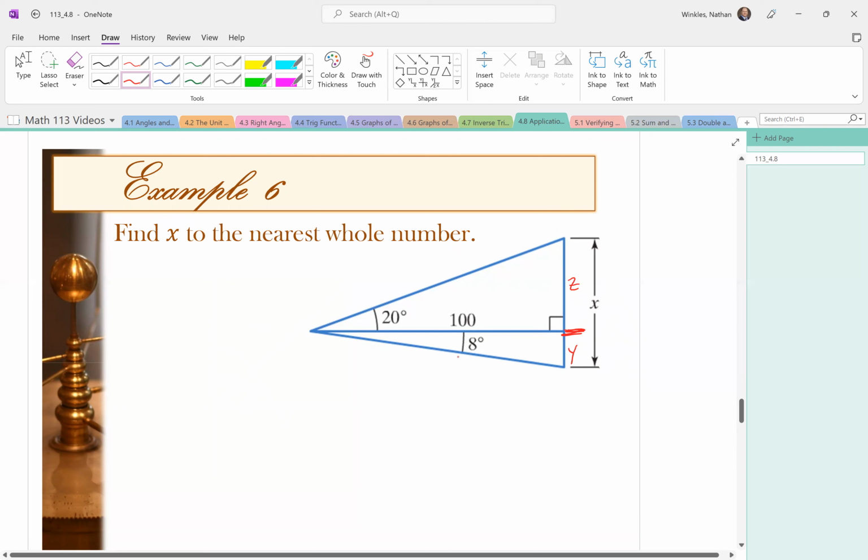So what I'm going to use is tangent of 8 is equal to Y over 100. I'm sorry. Let me rewrite that. So 100 tangent 8 is equal to Y.